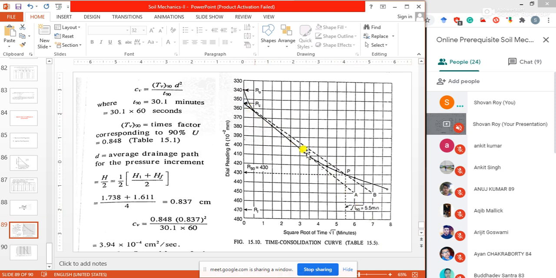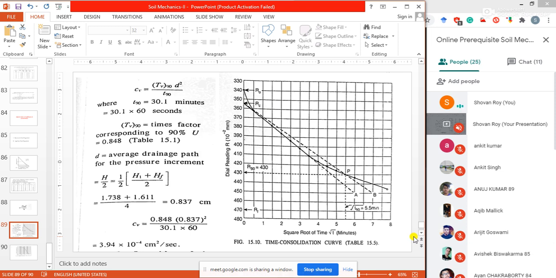From this A line we can get the RC value, corrected value of R, and this difference is initial consolidation. And also you have to draw B line from RC to represent the 1.15 times deviation value, so it is so drawn that its abscissa at every point is 1.15 times that of line A.